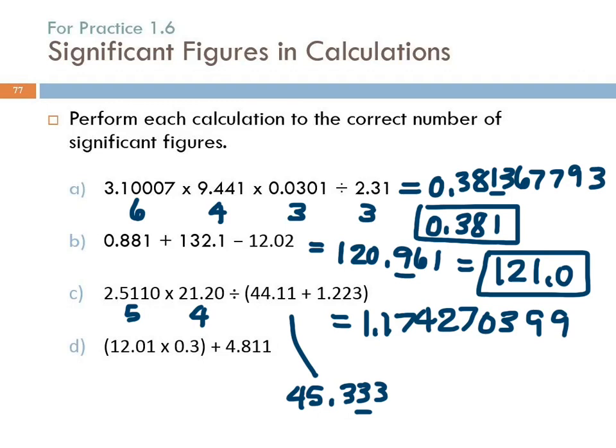That number has 4 sig figs then. So this has 4 sig figs, 5, 4, and 4. So this should have 4 sig figs. So we're going to keep 1, 2, 3, 4. We're going to keep up to here. And so we're going to say this is 1.174. Any questions?